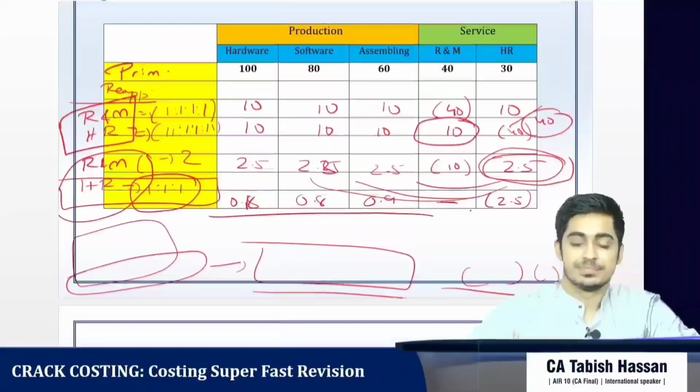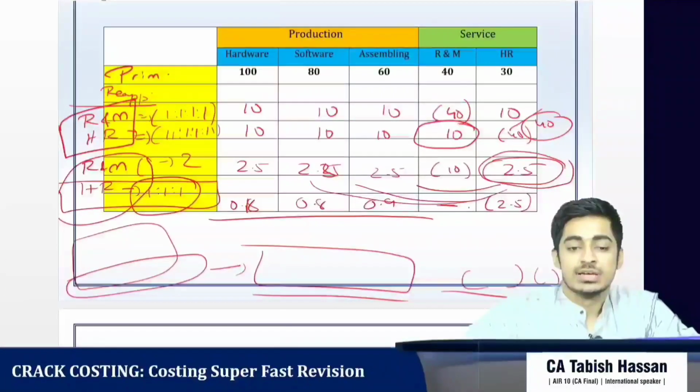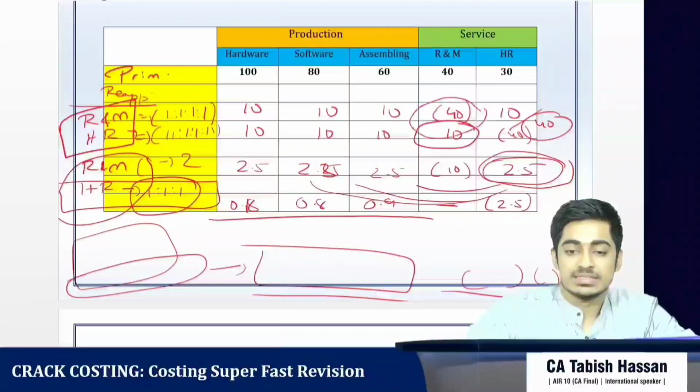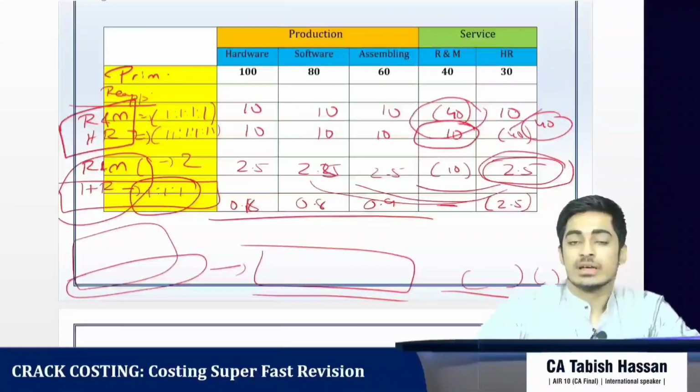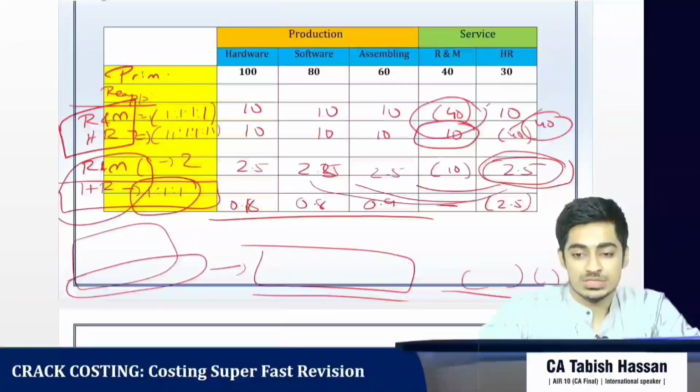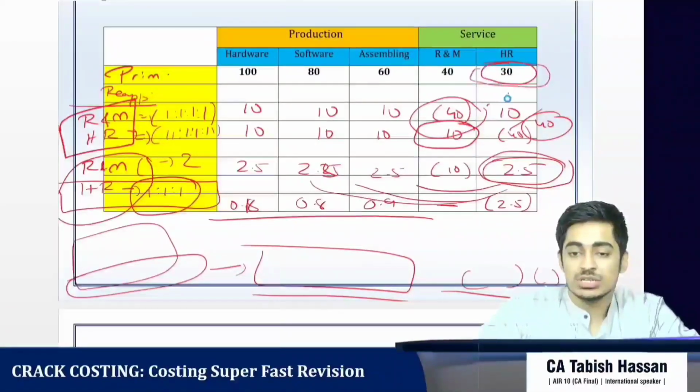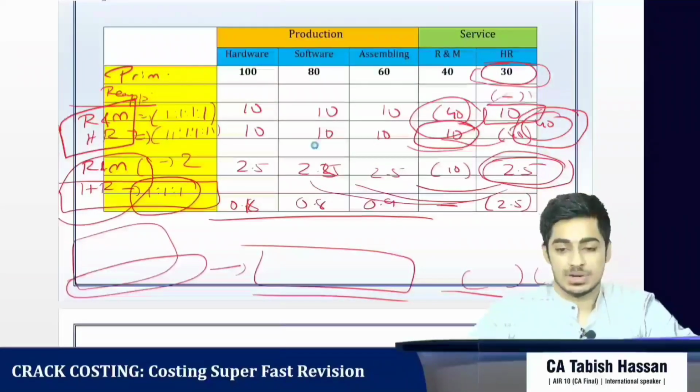Here, we distributed the service cost of repairs and maintenance. Now, when we are distributing the cost of human resources, you have to take not merely the primary distribution, but the primary distribution plus distribution from other departments. That's the second thing.